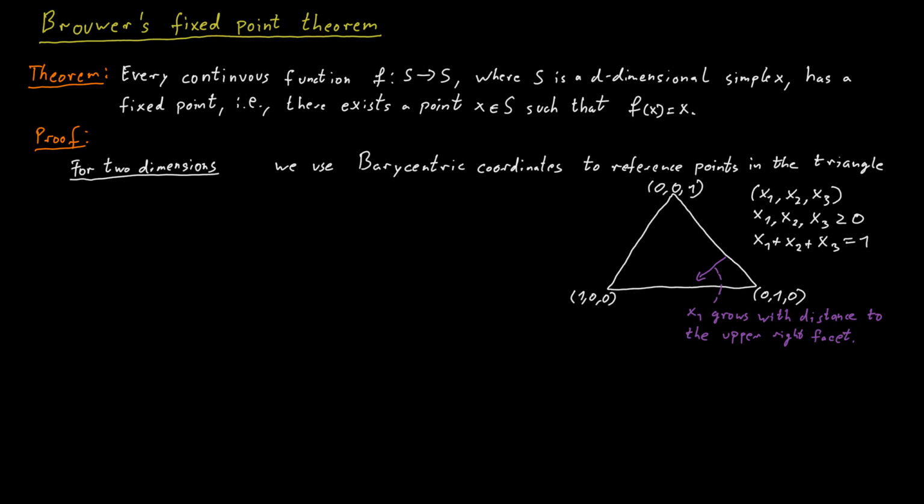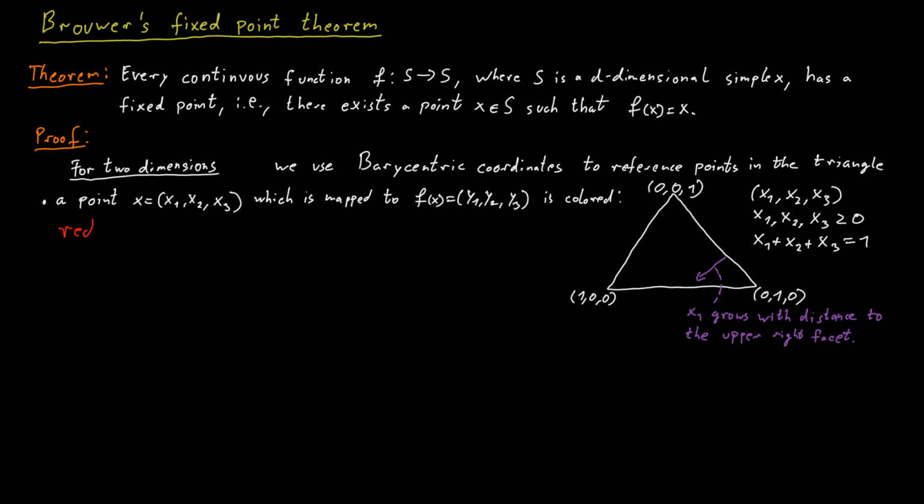Okay, so now we color all the points in this triangle. And we have coloring rules similar to the one-dimensional case. Specifically, a point x, consisting of the coordinates x1, x2, and x3, which is mapped to f of x, which is a point that consists of the coordinates y1, y2, and y3, is colored red if x1 is strictly bigger than y1.